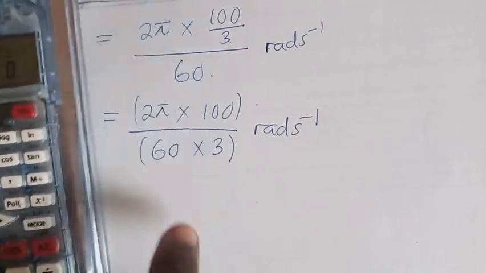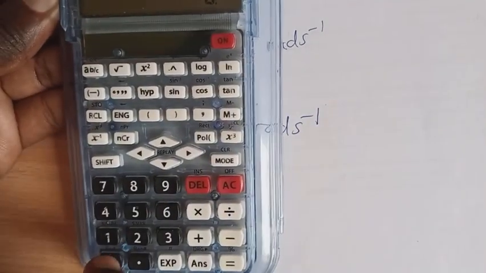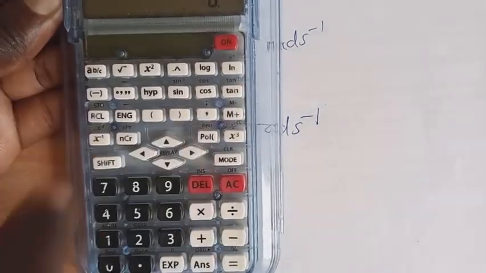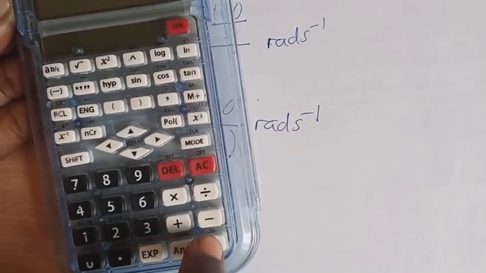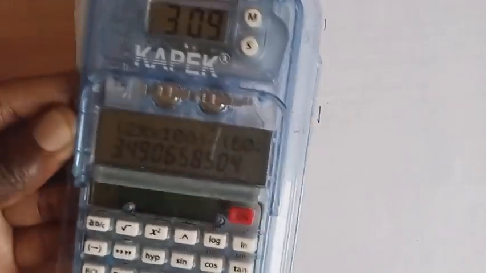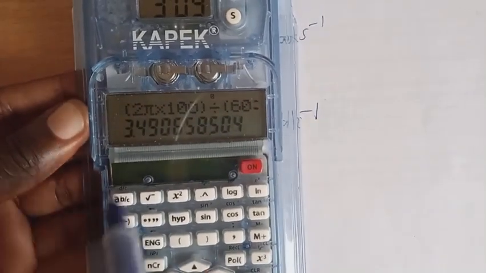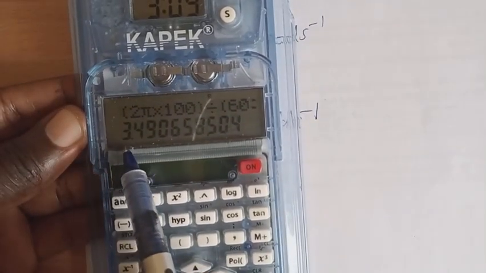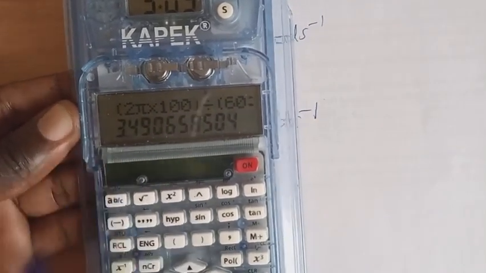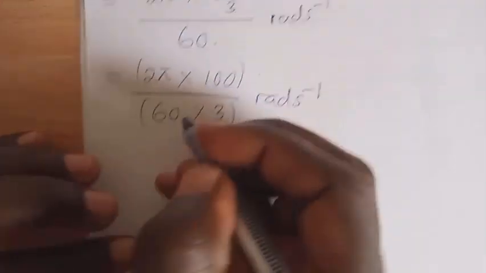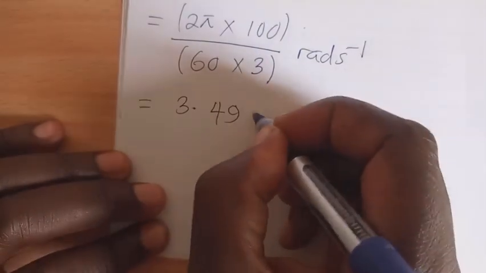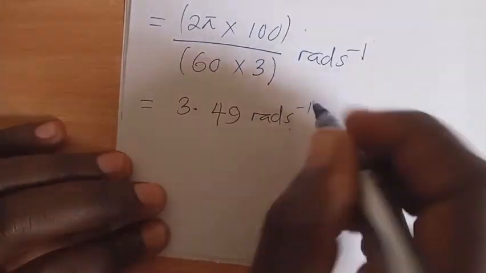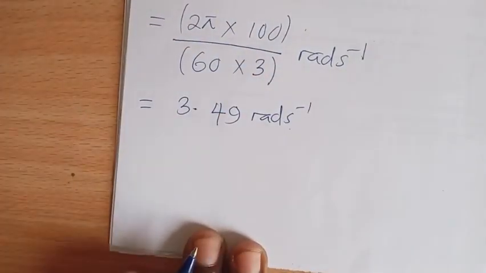Then you have 60 times 3, you close bracket, and now you press the equality sign, and this will give you the angular velocity in radian per second, 3.49, correct to 3 significant figures. This is in radian per second. With this, you have successfully solved a part of the problem.